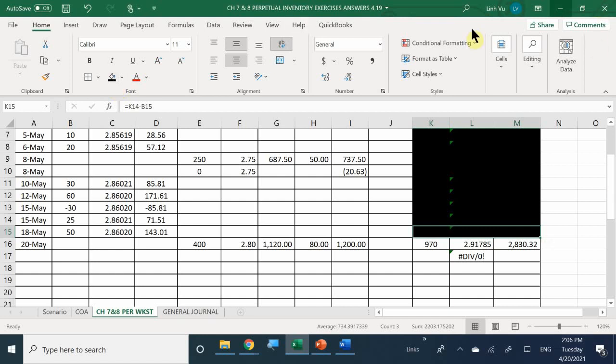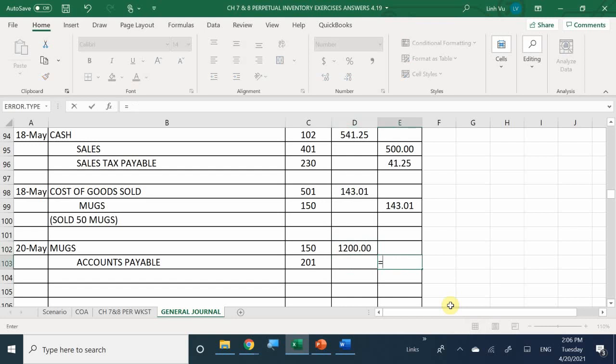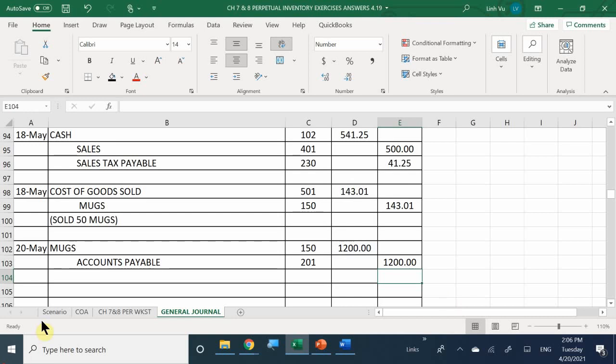So now that I have this information, that my total purchases was 1200, I'm going to go back to my journal and recognize that my total amount of mugs that I put in there was 1200, and how much I owe the vendor is another 1200.